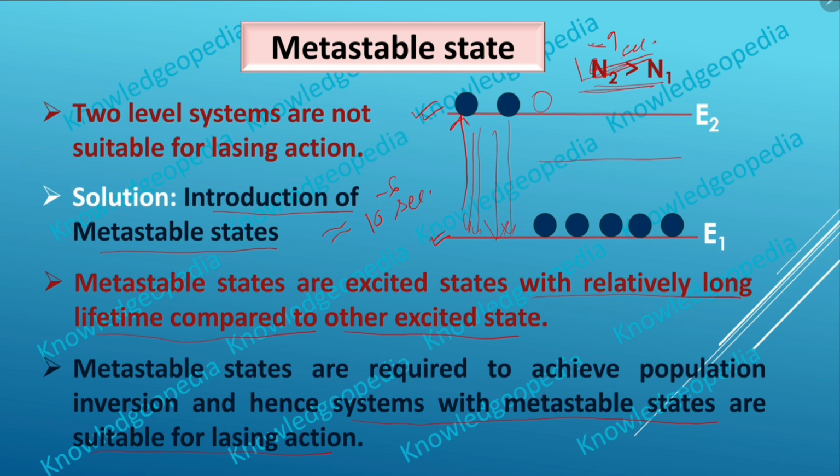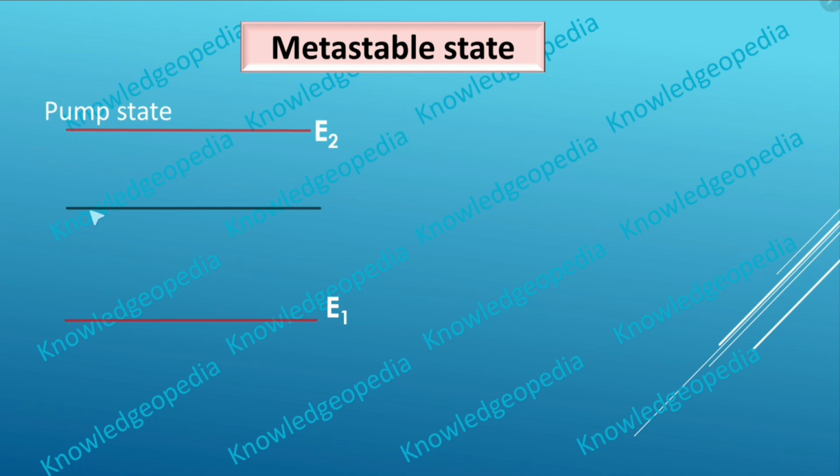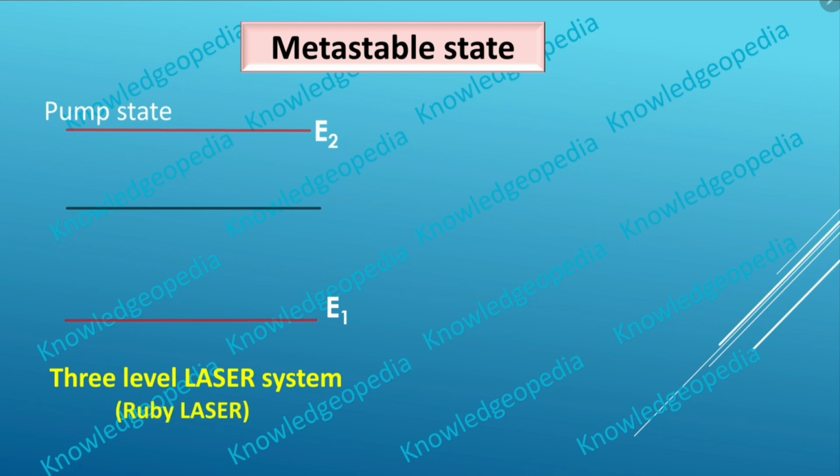Now we can have either one metastable state in between E1 and E2, or else we can also have two metastable states. So let us see what that is. If this is E1 and E2, E1 is the lower energy level or the ground state, and this is the higher energy state or pumping state. So E2 is the pump state. If we have one metastable state in between these two states, that is known as a 3-level laser system, and the ruby laser is an example of a 3-level laser system.